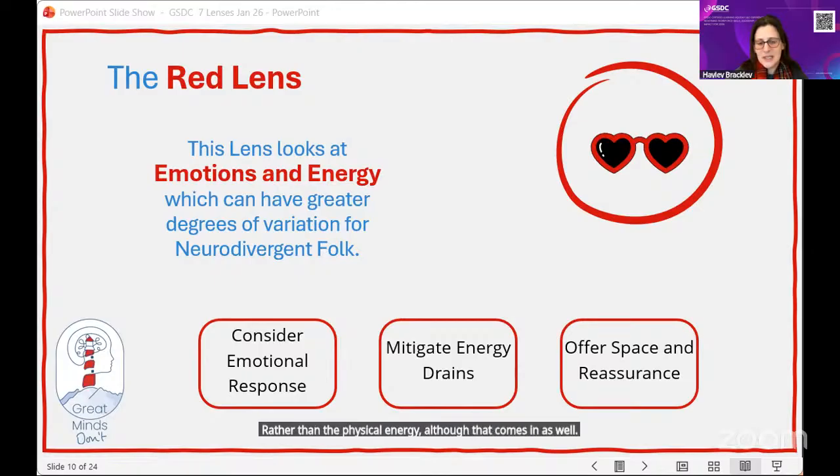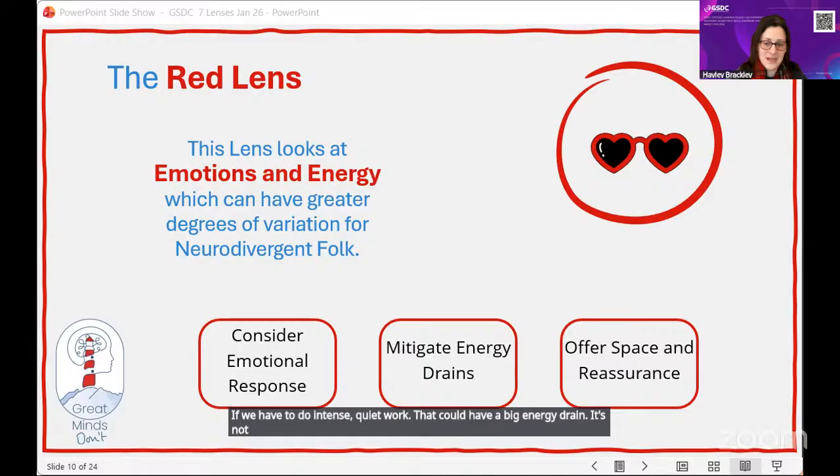So if we have an opener, an icebreaker, an energizer, where somebody has to go and speak to all of the different people in the room, actually for some of us, that might have a really big energy drain. If we have to do intense, quiet work, that could have a big energy drain. It's not going to be the same things that drain energy.